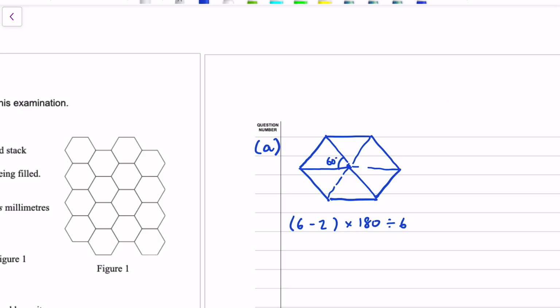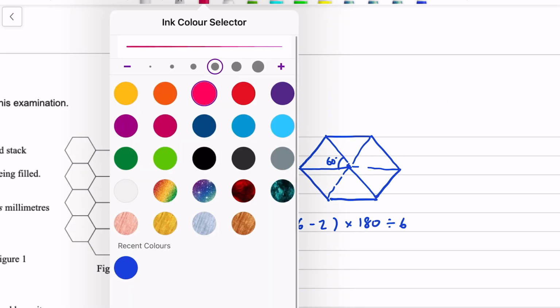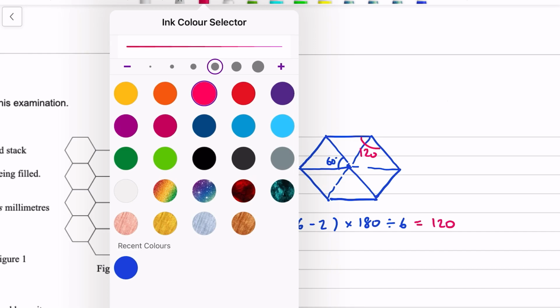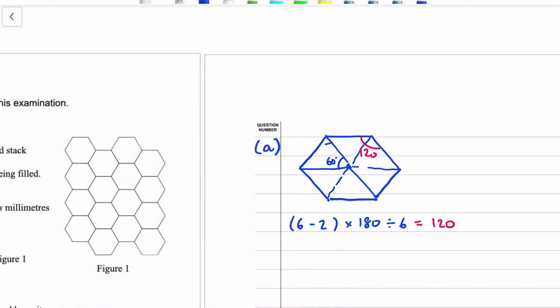So every interior angle there, and when I mean interior angles, I mean this angle there, is equal to 120. And because of symmetry, we can say that these are actually equilateral triangles. So we need to find the area of 6 equilateral triangles to find the area of a hexagon.